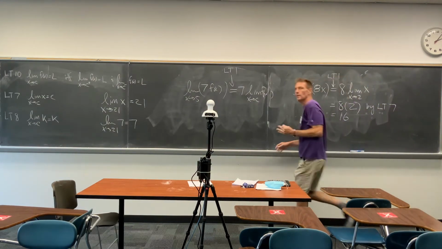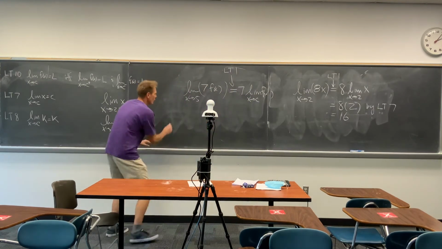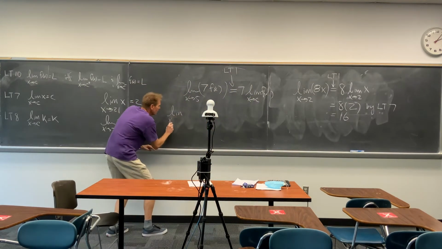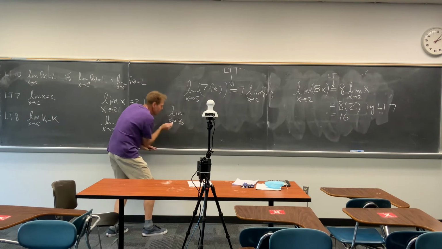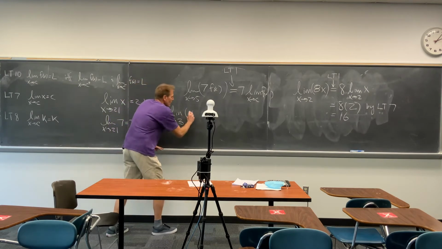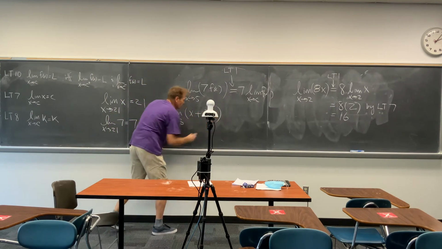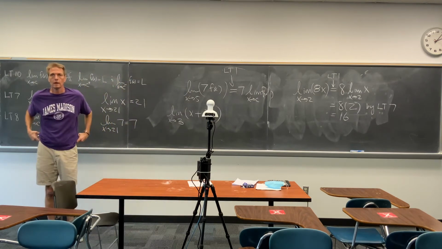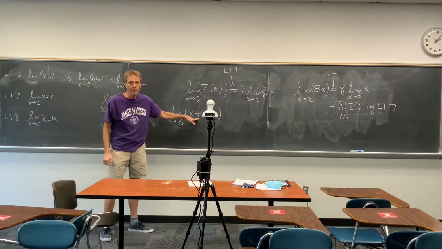Now I'm here again. So if you're looking at something like this, the limit as x approaches 3 of x plus 5. Now you've got the line x plus 5. We're not going to graph it though.